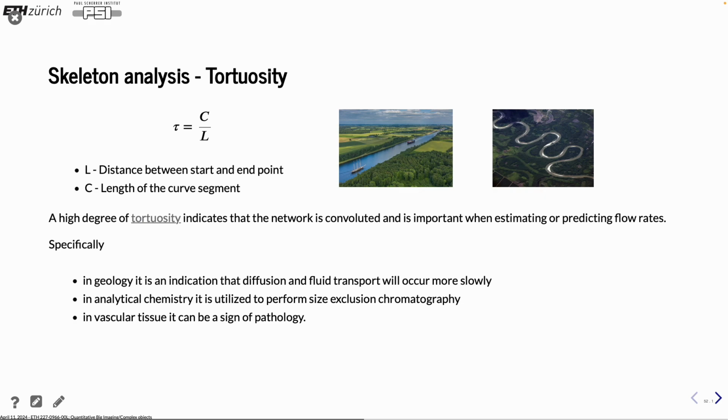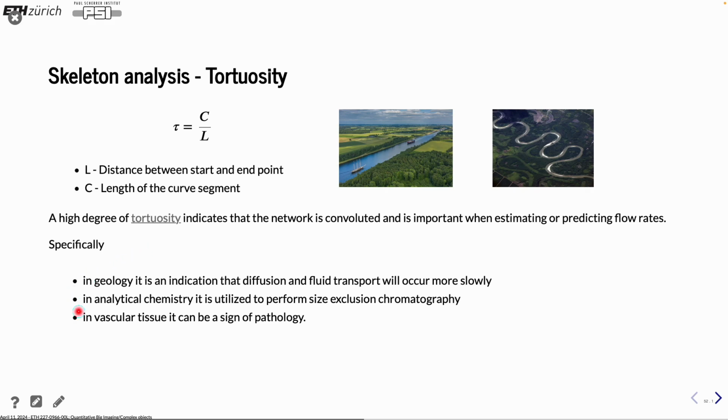And the reason why we want to know it is, for example, in geology simulations, water flow through porous media, it's good to know how fast you can expect the fluid transport to go through a medium. And then it's not only single position or single channel tortuosity, but some more average tortuosity of the whole system.